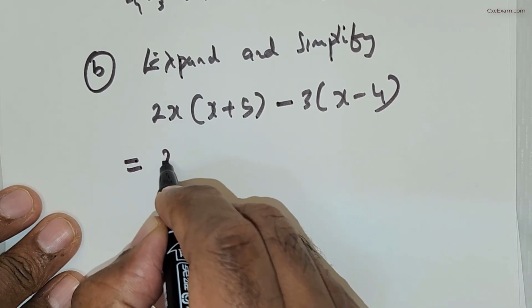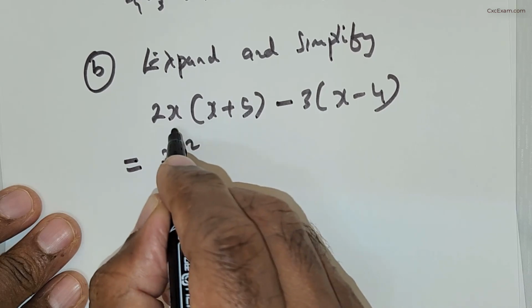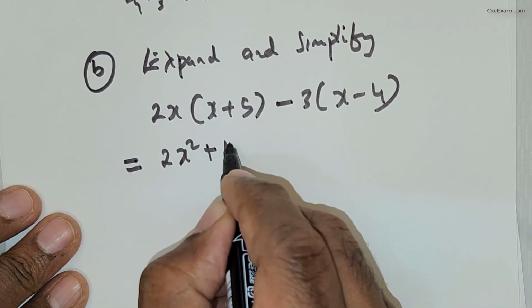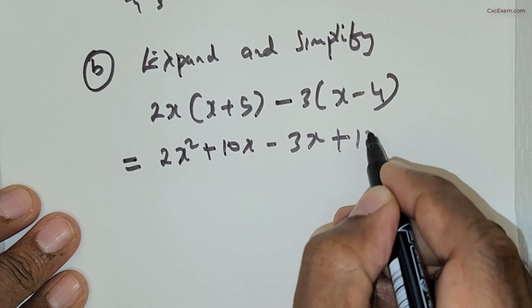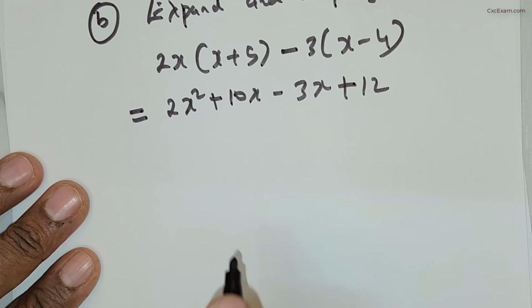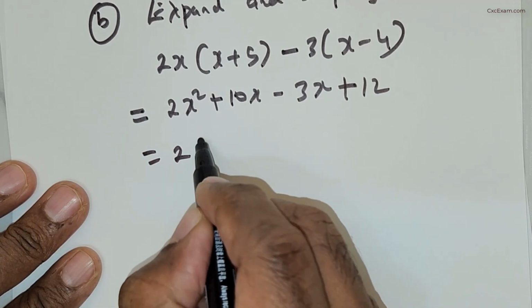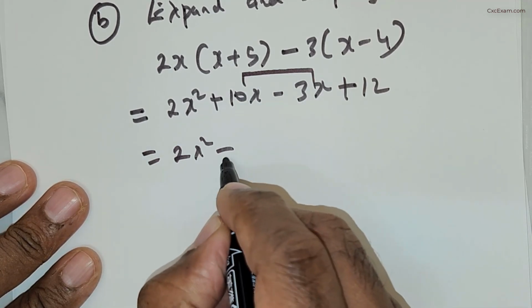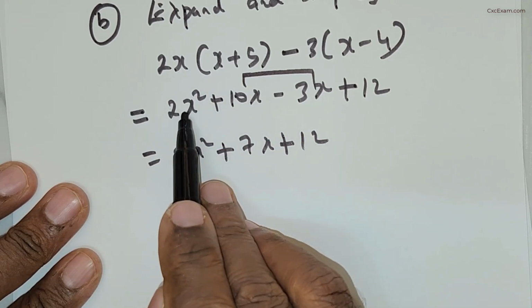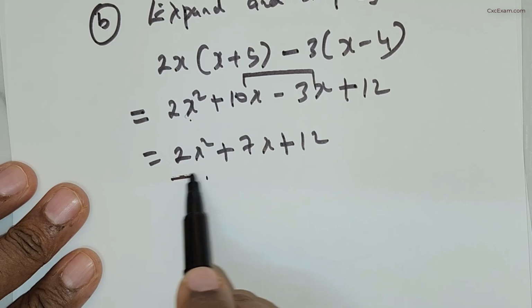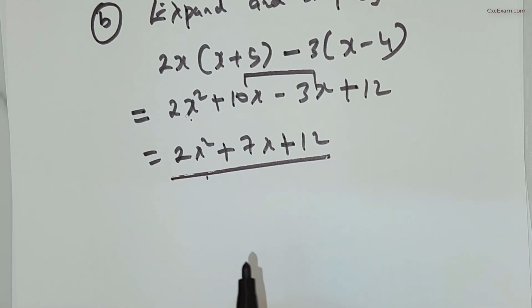So this is equal to 2x times x, 2x squared, 2x times positive 5, that's going to be 10x. And this is 3x and this is 12. Now this is equal to 2x squared. You add these two, you get positive 7x, positive 12. So I have expanded it and I have simplified. So this is the solution for this question.